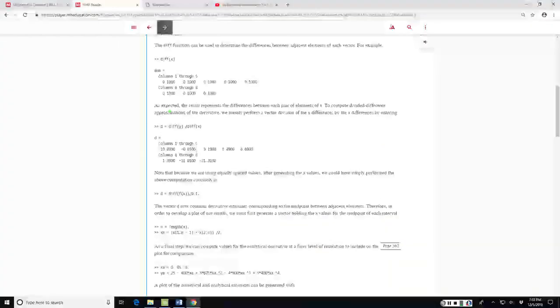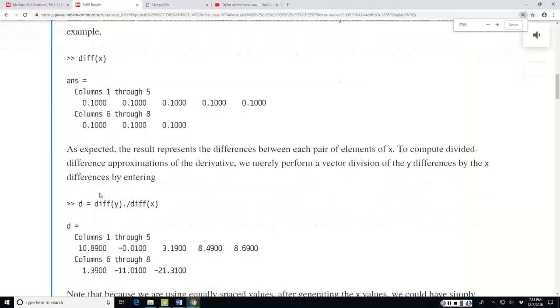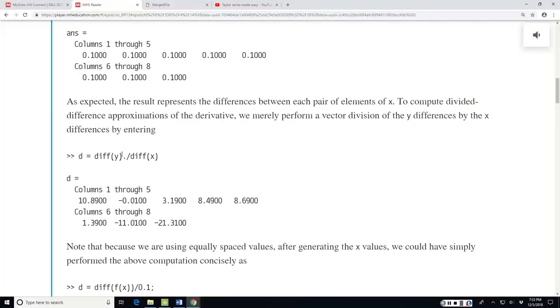And that's what they show here. And of course, you have to do the dot division because you want to do element-wise operations.